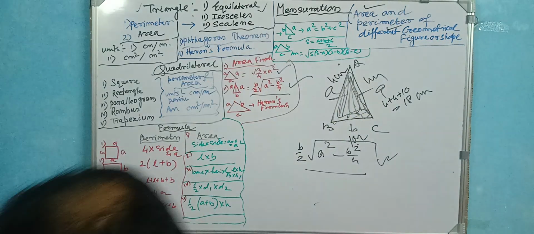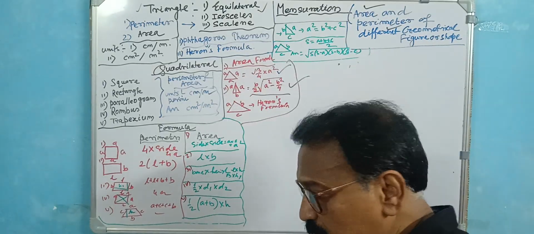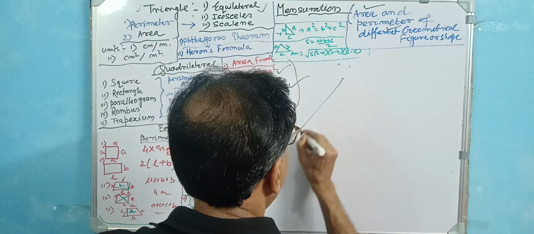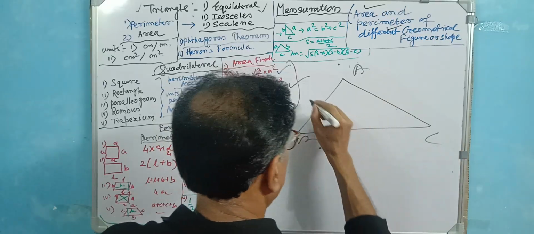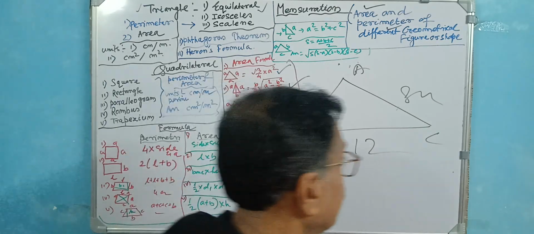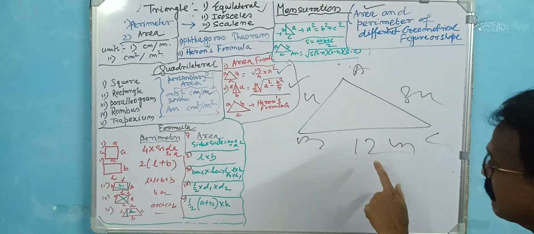And now the third one is called the scalene triangle. Scalene triangle means, you know, 3 sides equal, 2 sides equal; now scalene triangle is 3 sides unequal. A, B, C. Suppose this is 4, this is 8, this is 12 centimeter. The property: the sum of two sides is always greater than the third side.